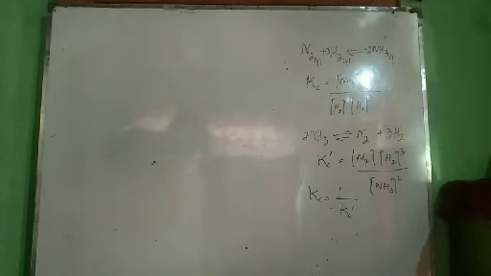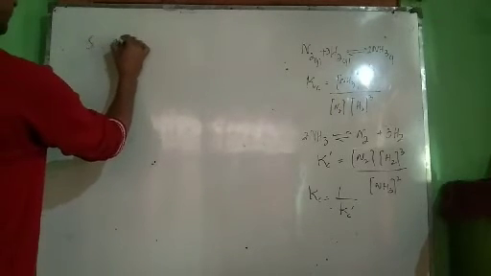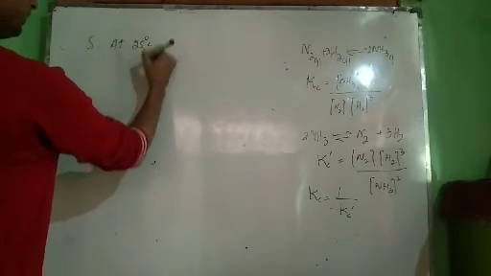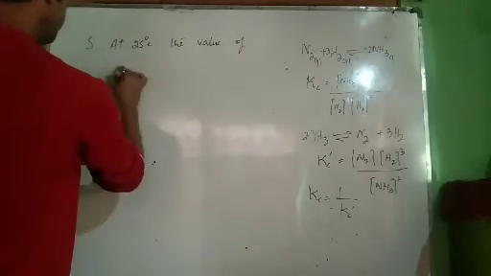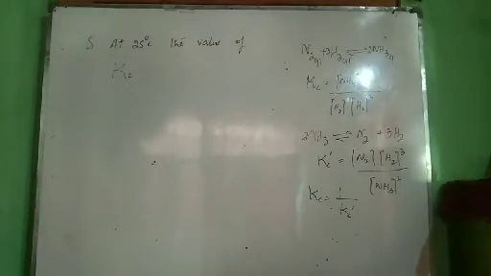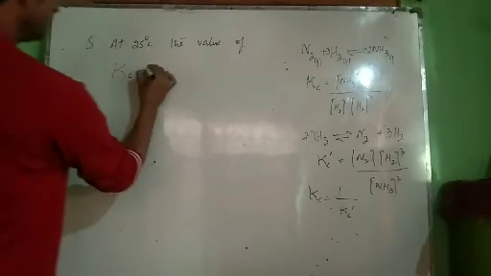Now let us take a question. At 25 degrees centigrade, the value of Kc, this question I have taken from OP Tandon, the value of Kc is equal to 7 into 10 raised to power 25.